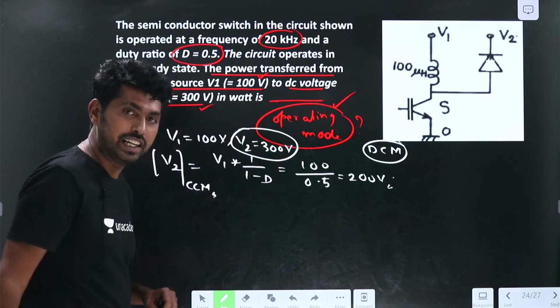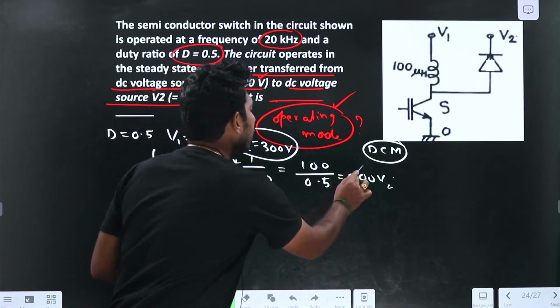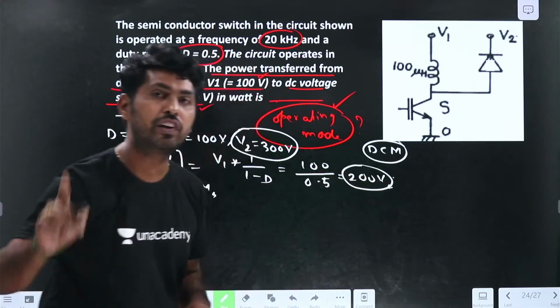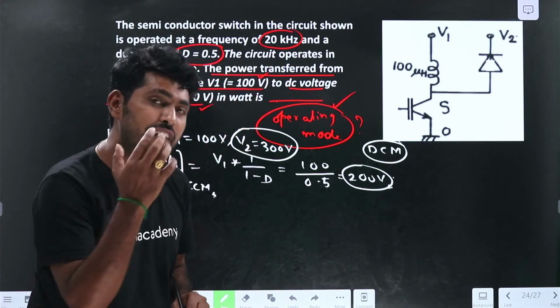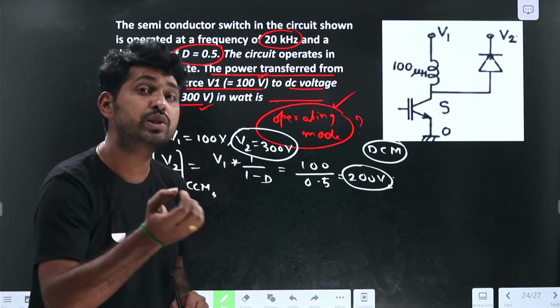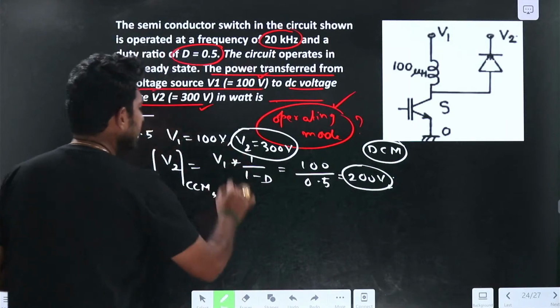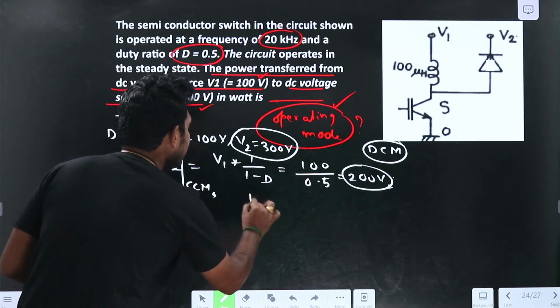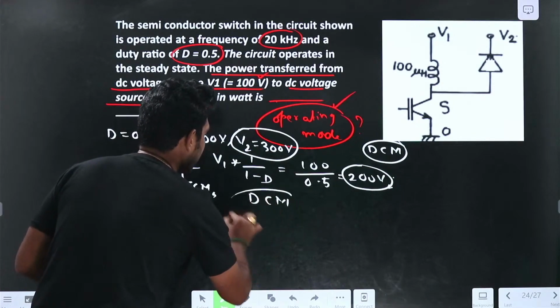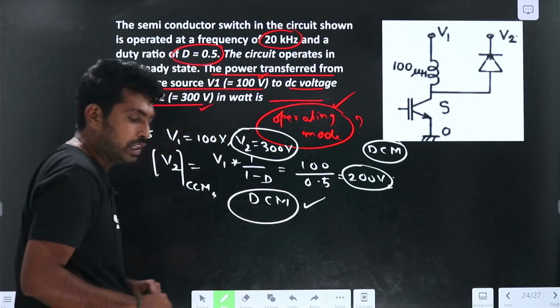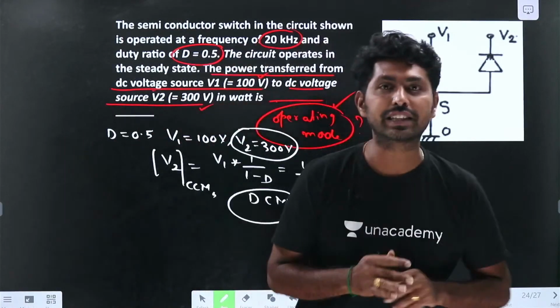For the continuous conduction mode we got 200 volts, but the given voltage is greater than the continuous conduction mode voltage. So it is operating in the discontinuous conduction mode. We are clear.